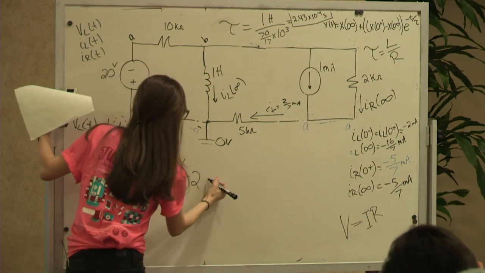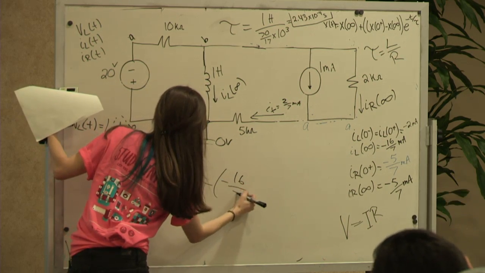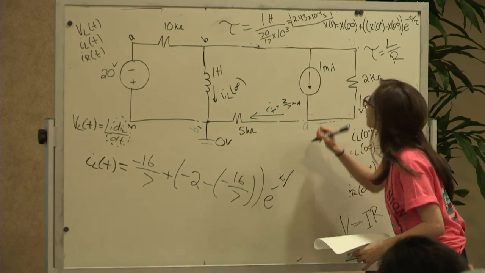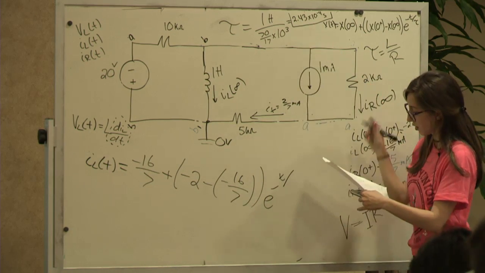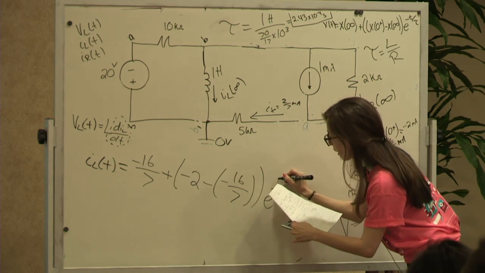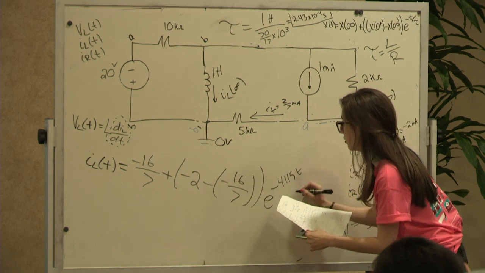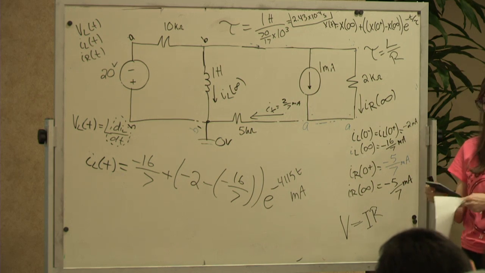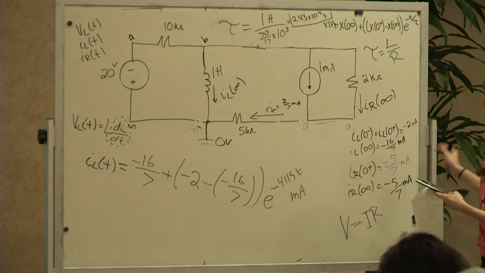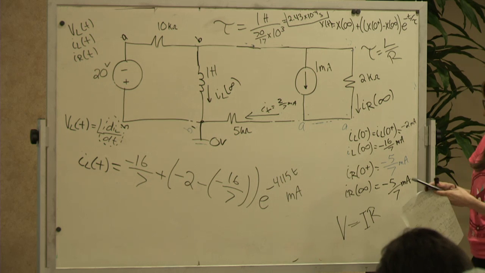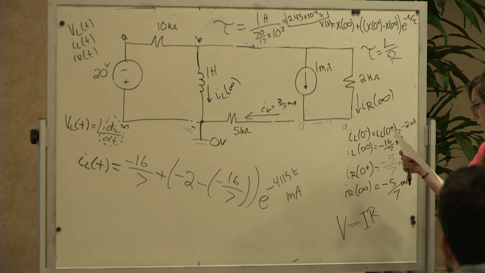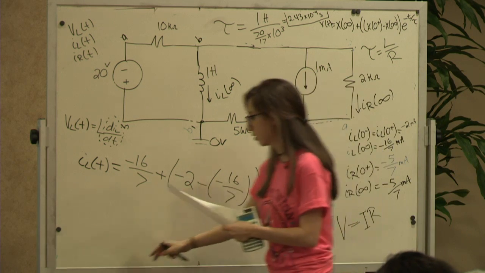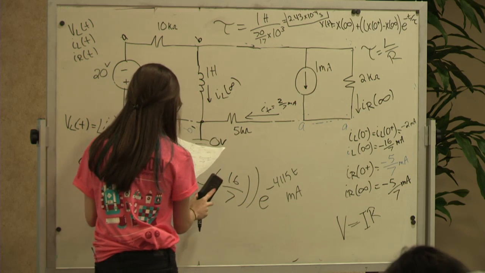Minus x of infinity, which is negative 16 over 7, times e to the negative t over that. So negative 1 over this gives you negative 4,115 t. And this is all in milliamps. Is everyone good with that answer? I just plugged in all these values. And if you simplify that, this is going to be 2 over 7.